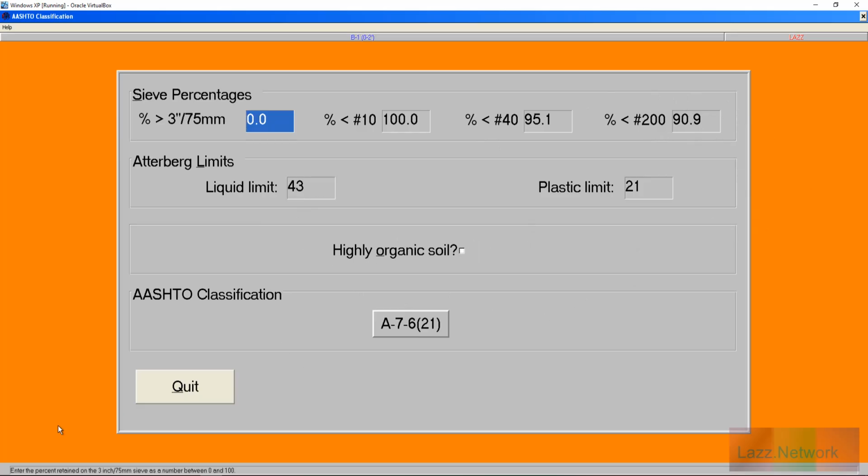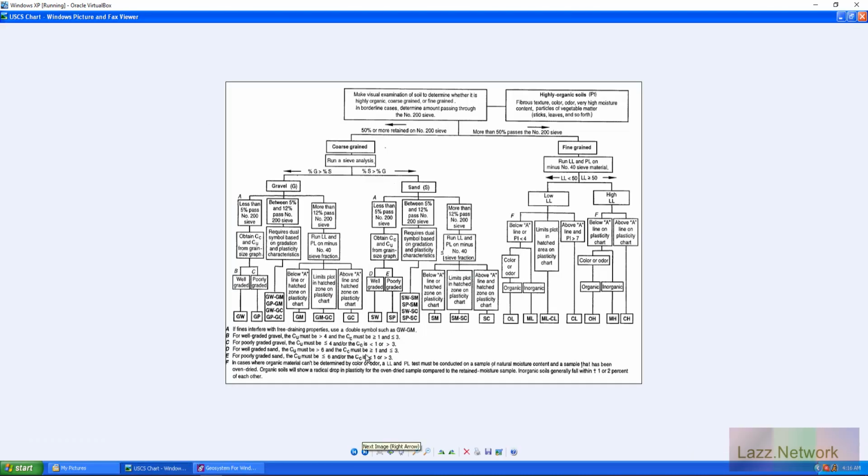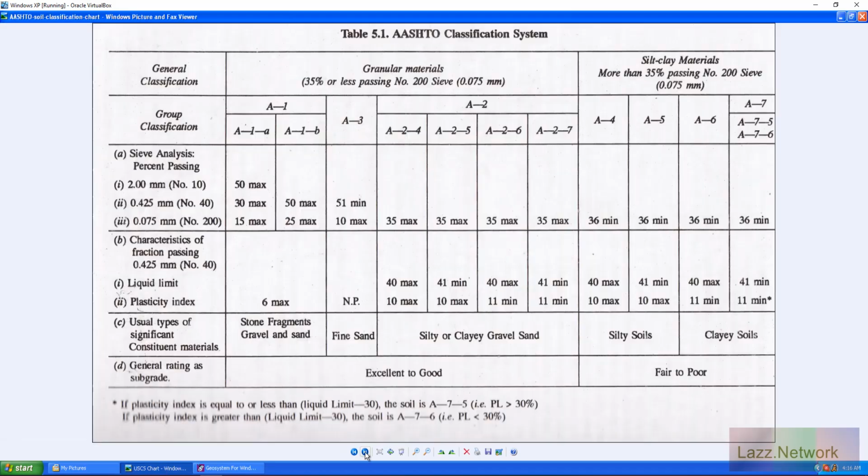So if we go back to our handy dandy chart again, this one's going to be a lot easier to tell because there are not as many steps. We know right off the bat we had 90% passing the 200. We're right here, so it's going to be within this group here. Anything above 36 is the minimum.